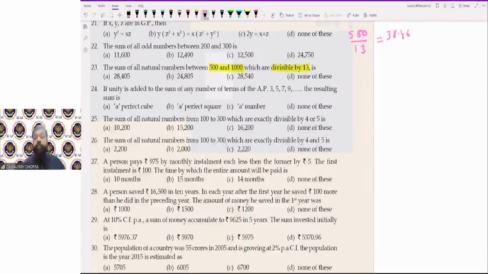That means the 39th number will be greater than 500. So 39 into 13 is 507. This is the first number of the series. Then next number will be 520, then 533 and so on.